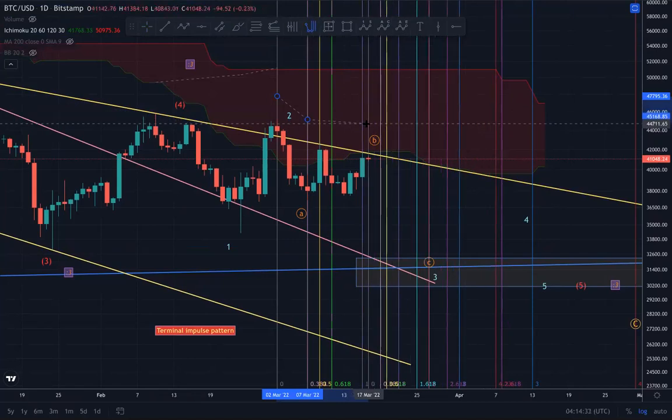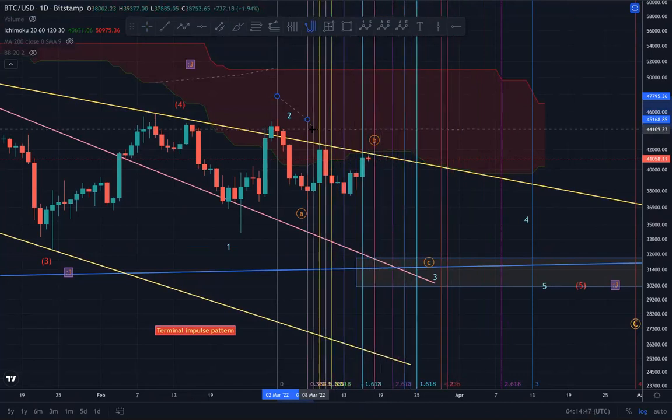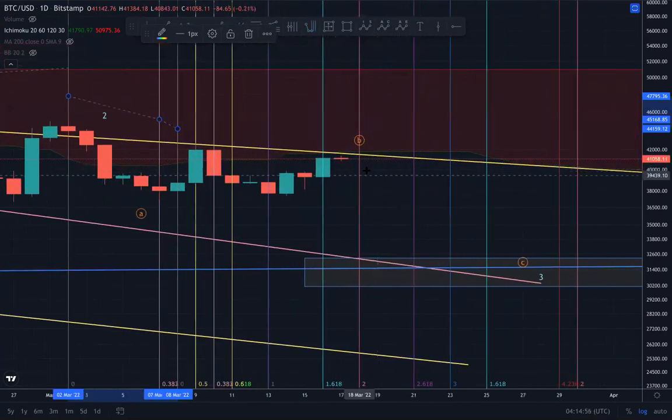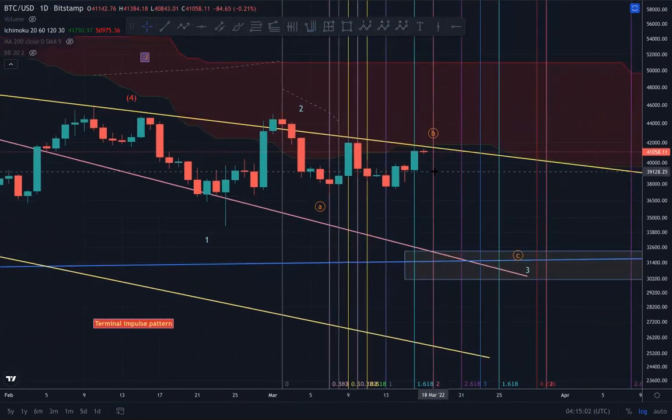I don't know where it's going to start, but imagine it starts today, which it ideally could, because the B wave itself would be around 2 to 1. See this 2 to 1 number here? This is the 2 of that. It gets confusing with all the lines, but I know what I'm looking at.